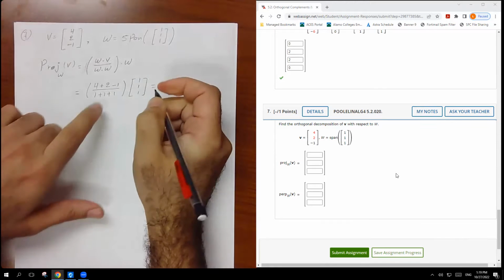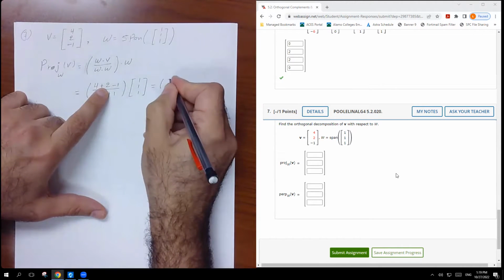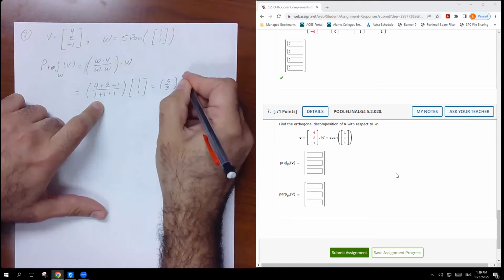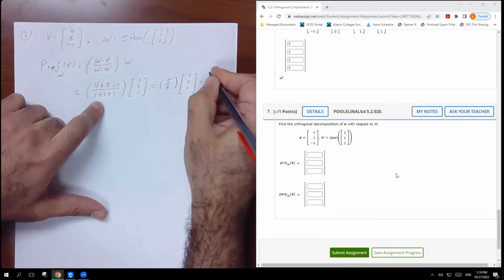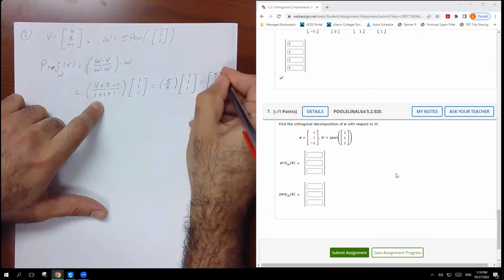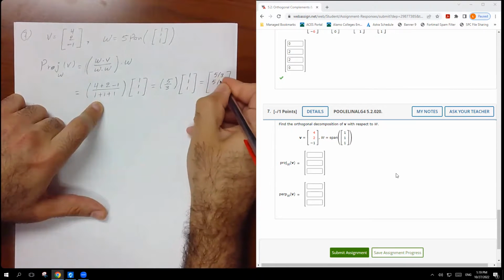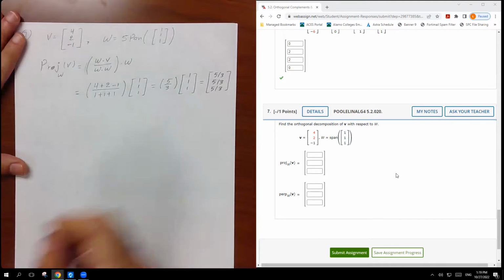So this one is going to be 4 plus 2 is going to be 6, minus 1 is going to be 5 over 3. And everything times 1, 1, 1. So the projection is going to be 5 over 3, 5 over 3, and 5 over 3. So this is the projection.